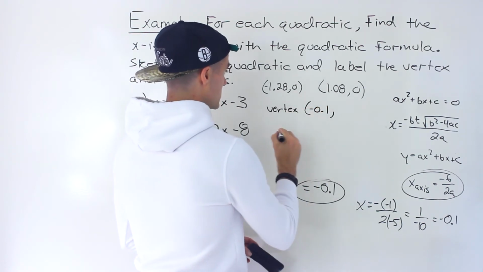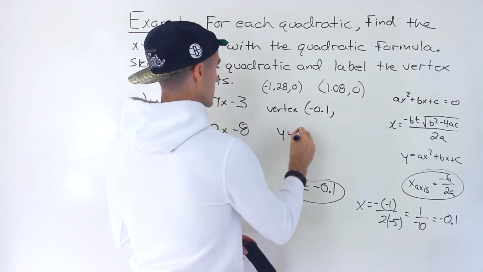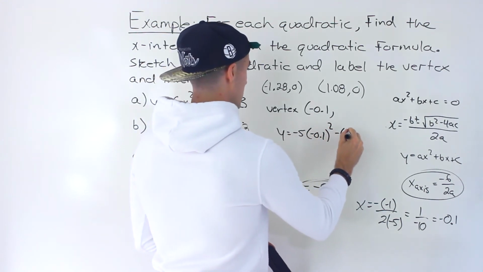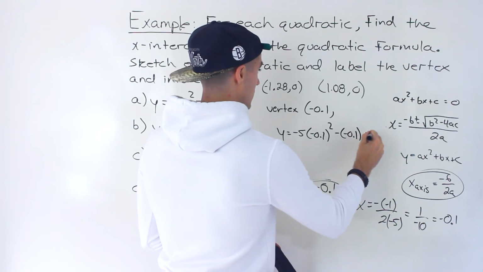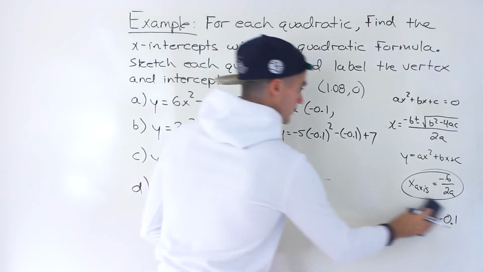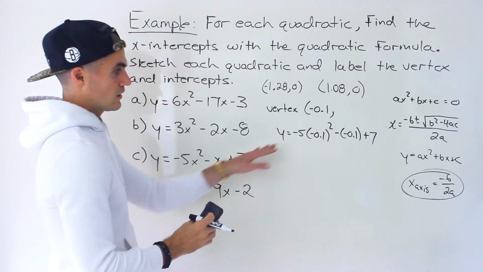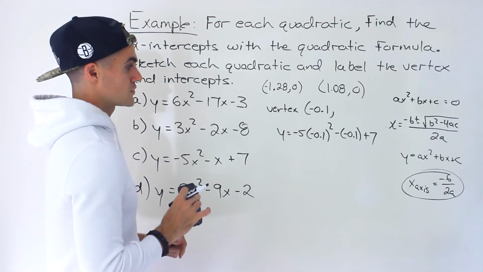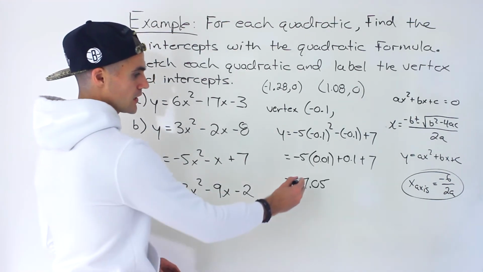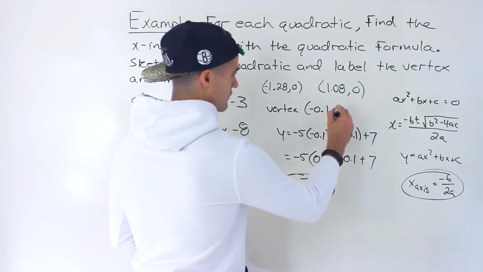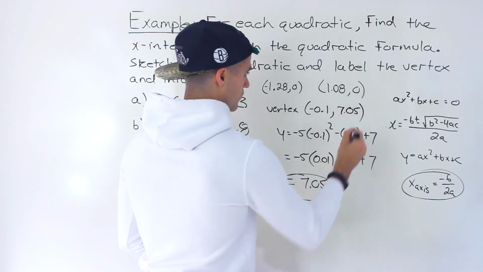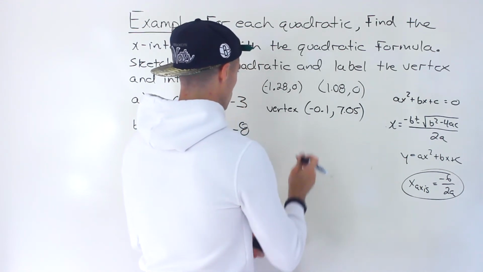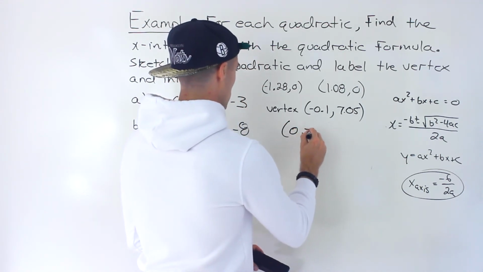So then we'd have y equals negative 5 times negative 0.1 squared minus negative 0.1 plus 7. And so here, this would allow us to find the y value of the vertex. When you do all that algebra, you'd get approximately 7.05. Those are the coordinates of the vertex, and then also the y-intercept is easy to get, it's 0 and 7.